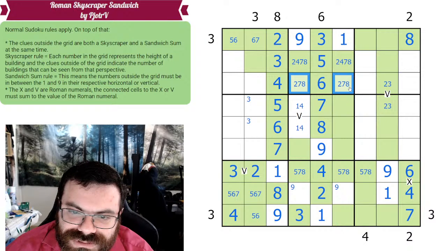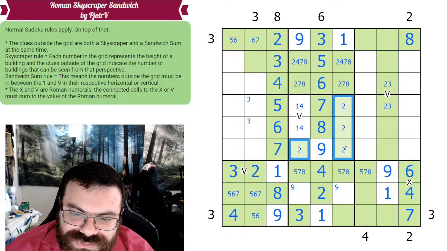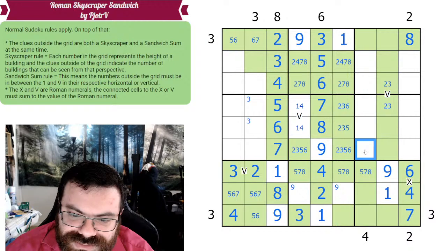These are not 4. 2, 3, 5, 6. It's not 5, that's not 6.